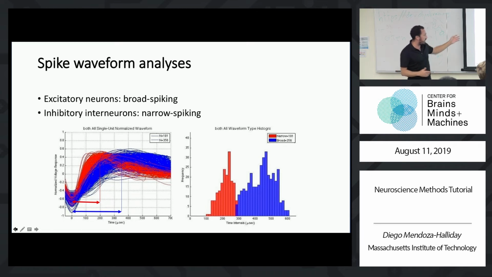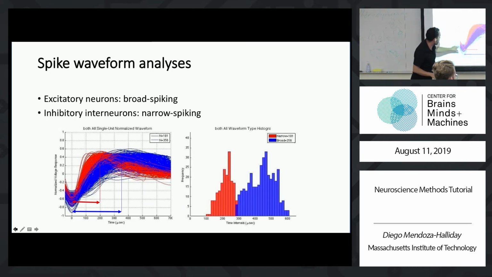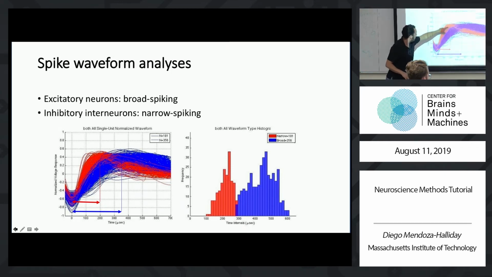By sorting your units and having this spiking activity from individual units, you can come up with a template spike from each neuron. You can plot them all, and you can see that they don't show waveform widths along the entire temporal dimension, but they gather into two, and that histogram shows it.